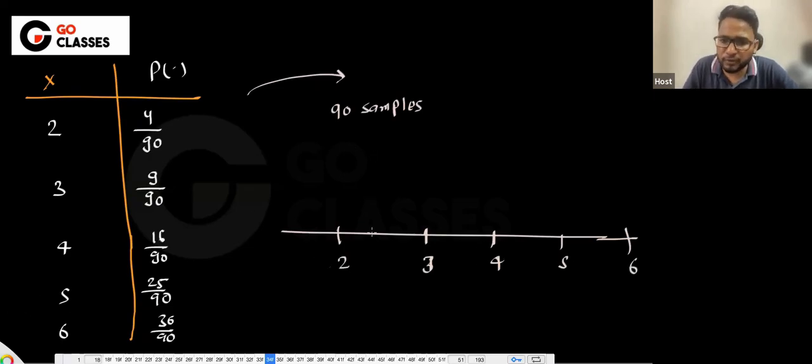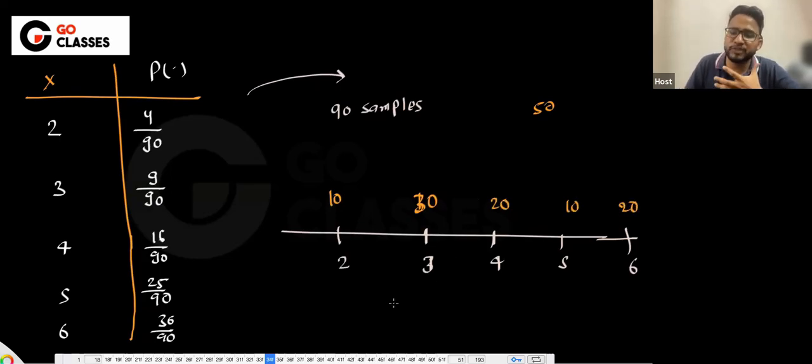Let's suppose 2 is coming 10 times out of 90. How many are remaining? 80. Suppose 3 comes 30 times. Then 30 plus 10 is 40, so 50 remaining. Then suppose this is coming 20 times, then 30 remaining.